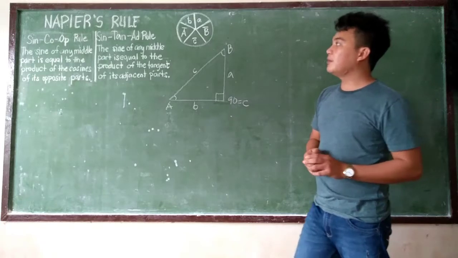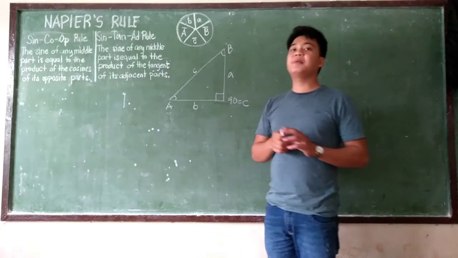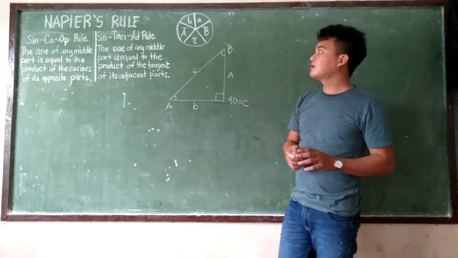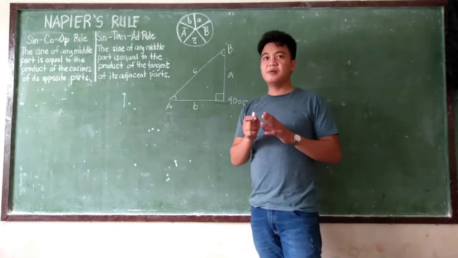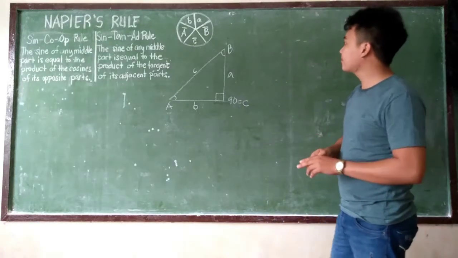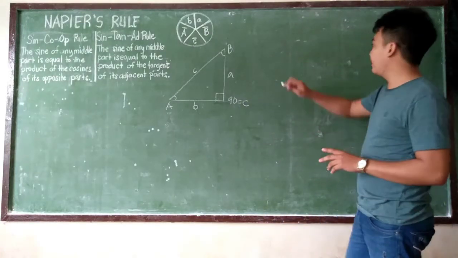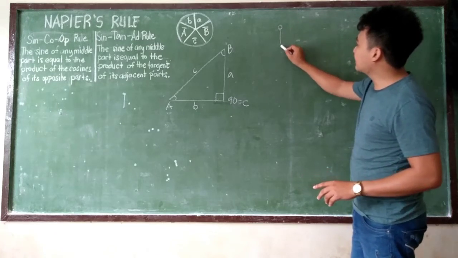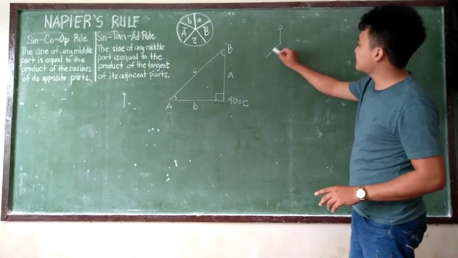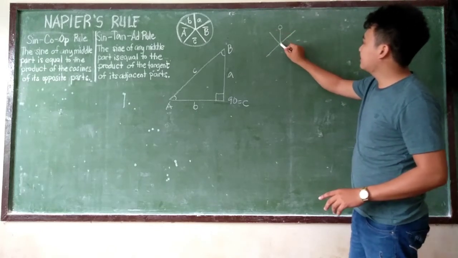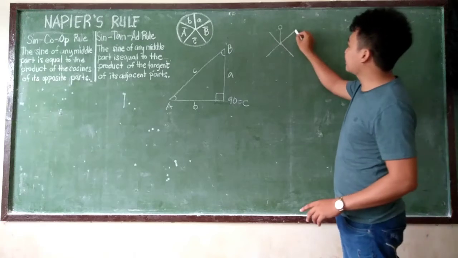In Napier's rule, we must be familiar with Napier's circle. To memorize it easily, we must do this technique. First, let us draw a man with the body, then the legs, then the two hands. Then make a big circle from that.